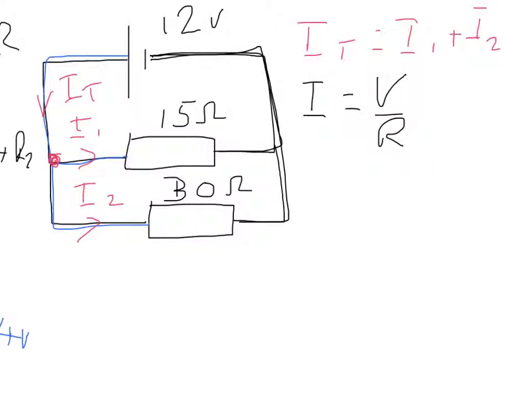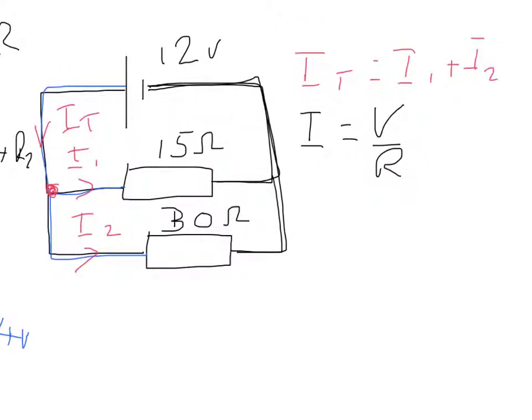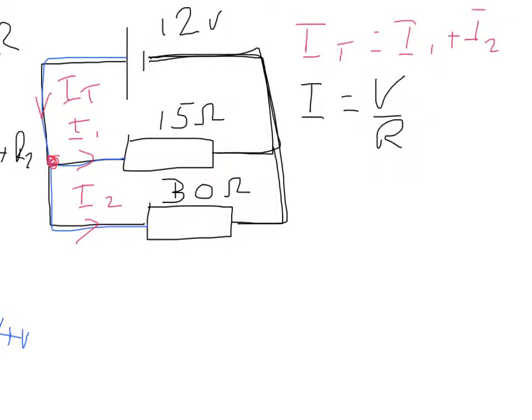So I1 is going to be equal to the voltage, which is 12 volts, divided by the resistance, which is 15, so that should give us 0.8.